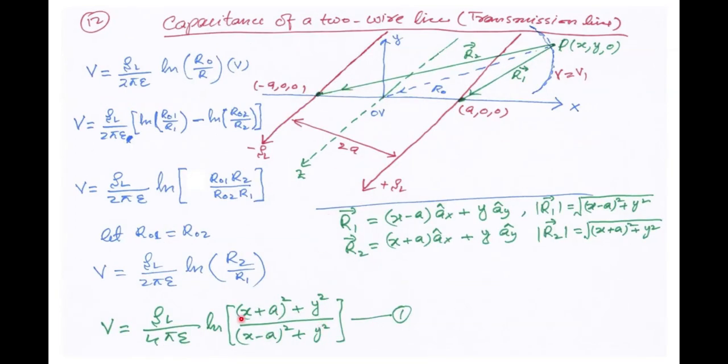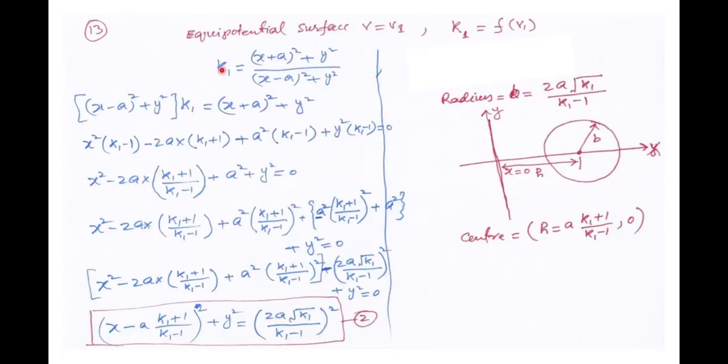In equation number 1, let us make the argument of this natural log function equal to k1, a dimensionless parameter.